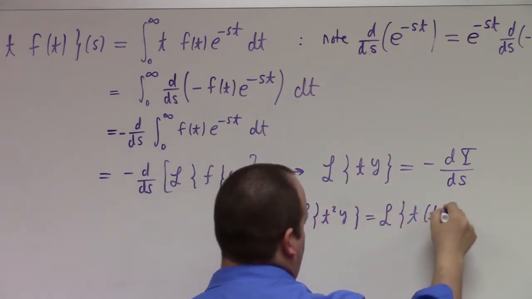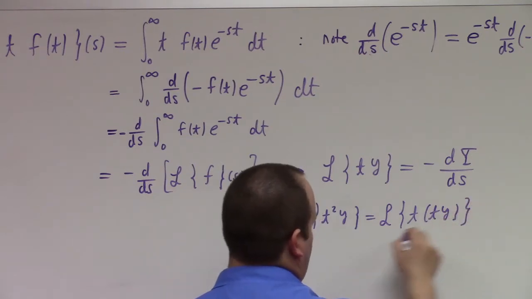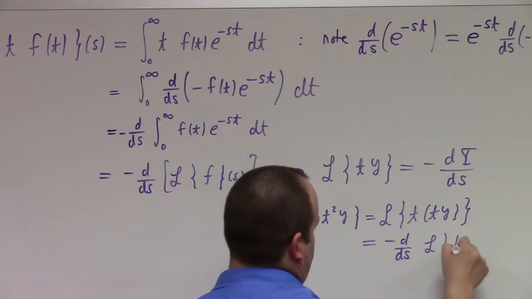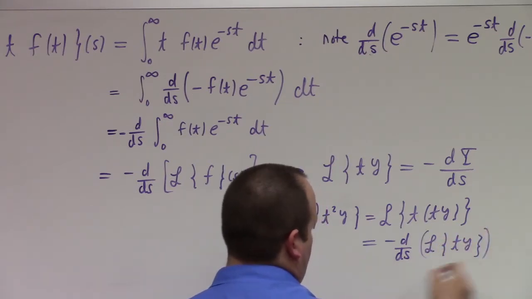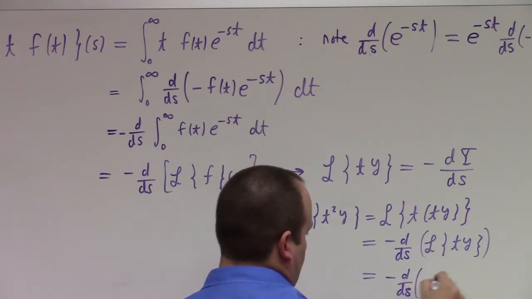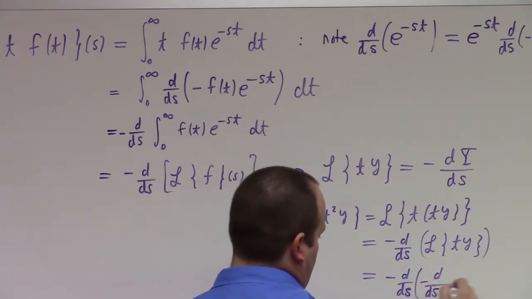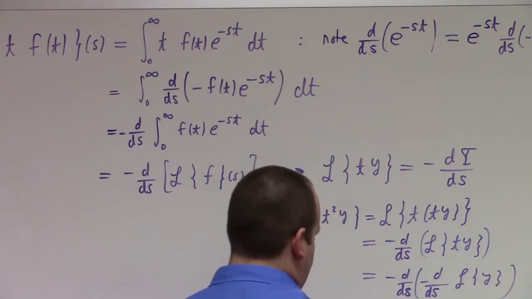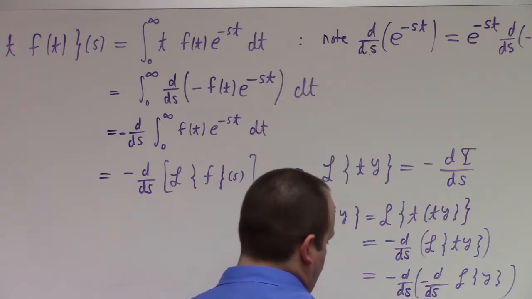That's t times ty, right? So that's minus d/ds of the Laplace transform of ty, which is minus 1 squared times Y prime prime of s.